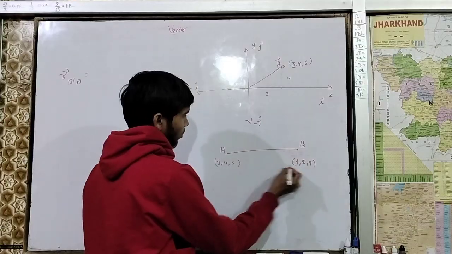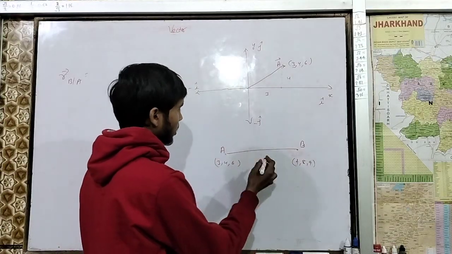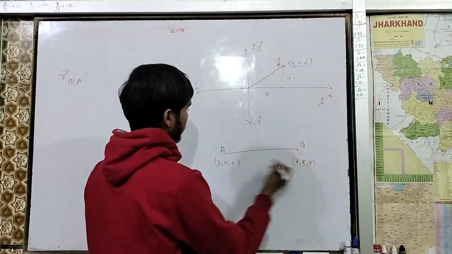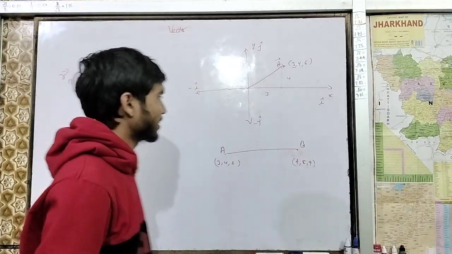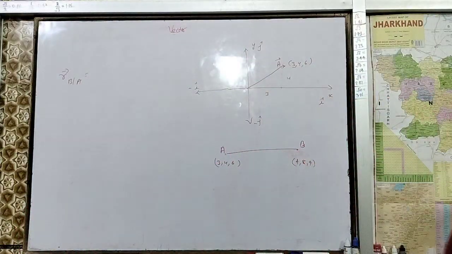Can you say (4 minus 3) square, (8 minus 4) square, (9 minus 6) square? Distance formula we are using.